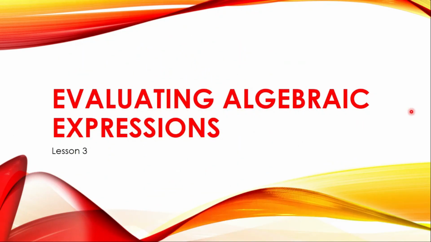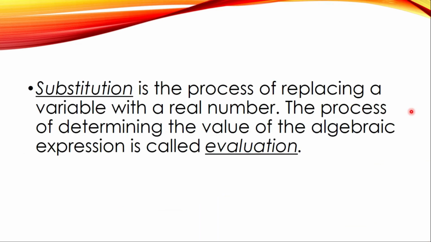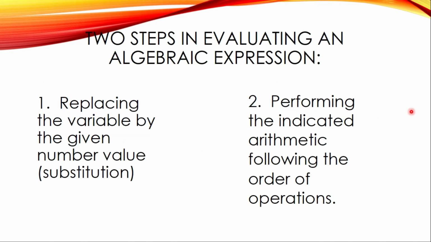And then the next lesson, evaluating algebraic expressions. This is now our last lesson. Substitution is the process of replacing a variable with a real number. The process of determining the value of the algebraic expression is called evaluation. There are 2 steps in evaluating an algebraic expression.